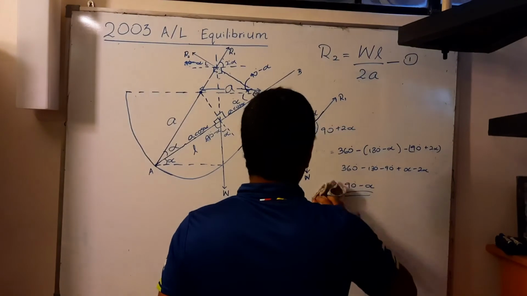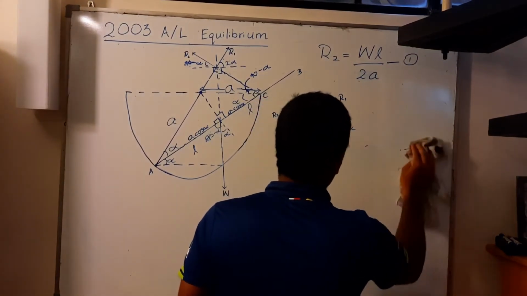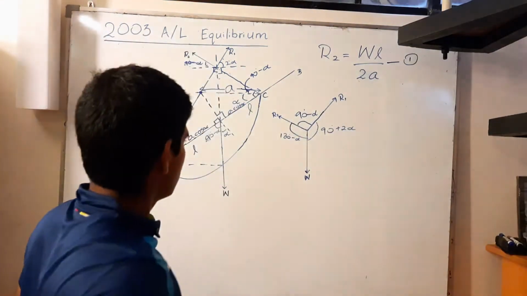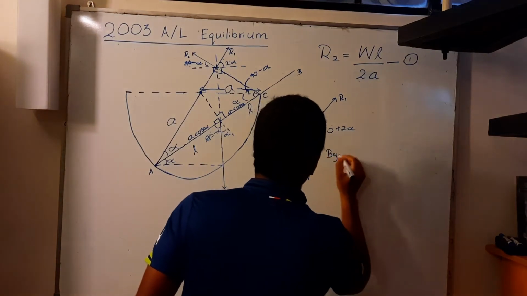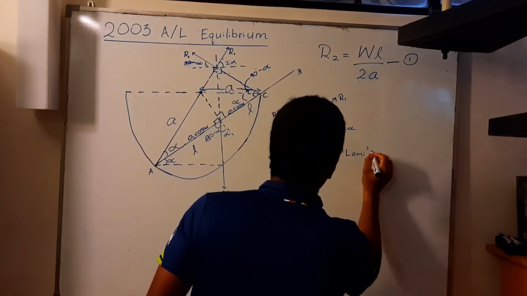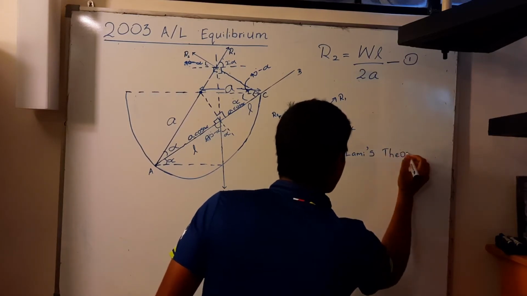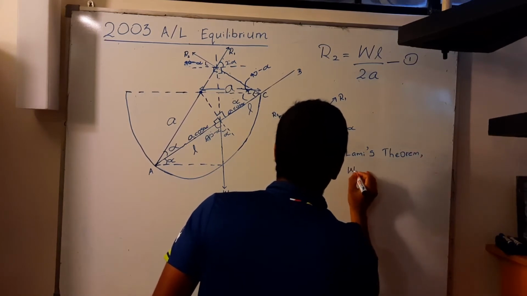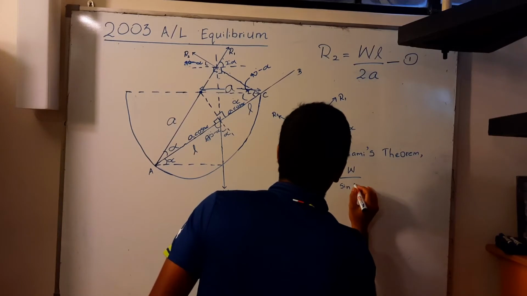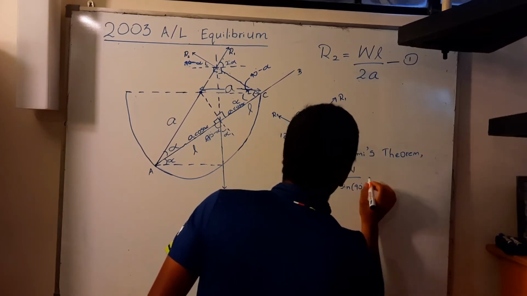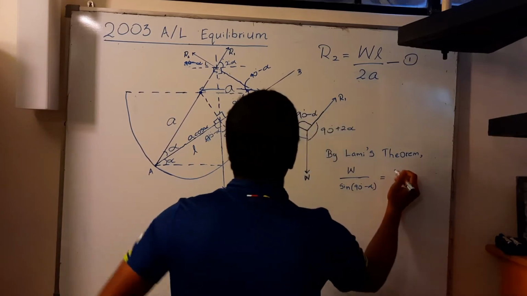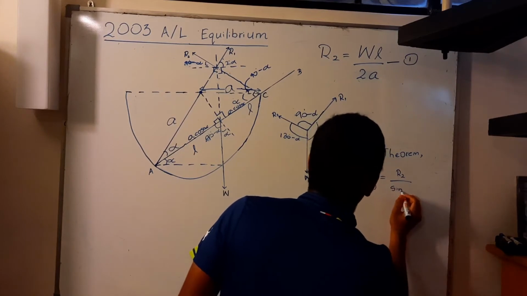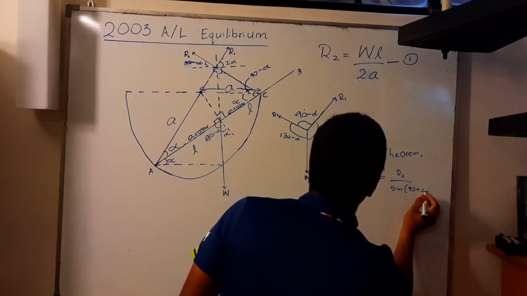So now since we constructed this Lami's triangle, we can find another relationship between R2 and W. By Lami's theorem, W over sine of 90 degrees minus alpha equals R2 over sine of 90 degrees plus 2 alpha.